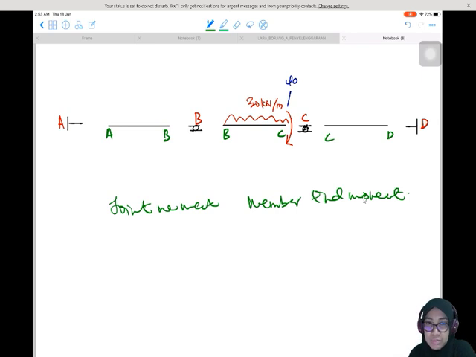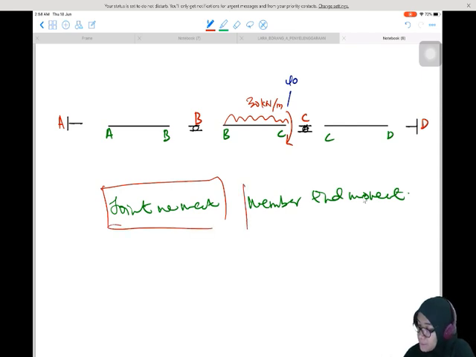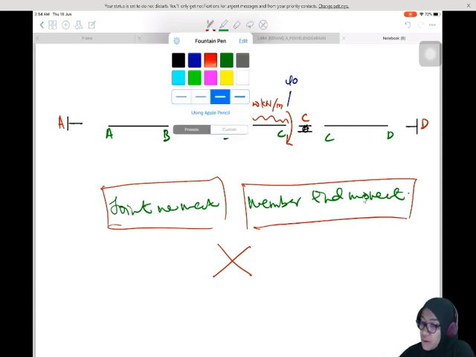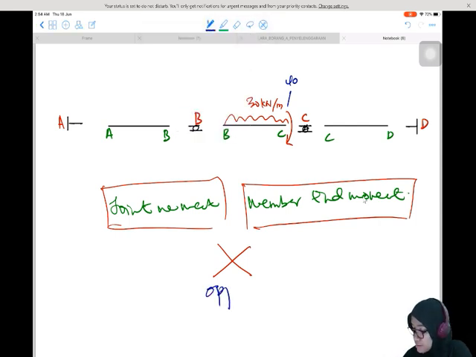Between these two, joint moment and member end moment, it must be opposite.